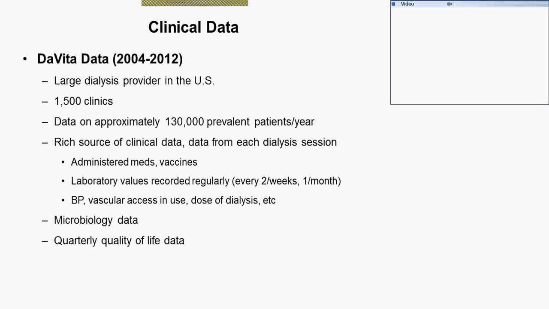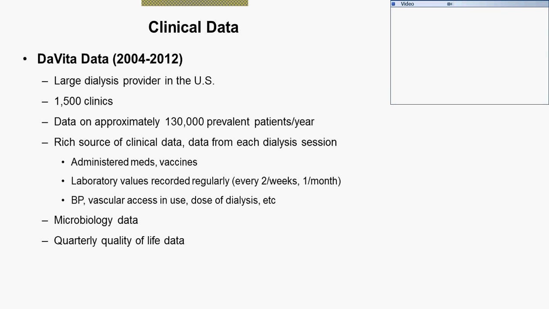The clinical data comes from DaVita, a large chain provider of dialysis in the U.S. They have about 1,500 clinics and manage about a third of the dialysis patients in the U.S. These patients are incredibly medicalized. They're in for dialysis several times a week, so we get data at every visit, and labs about every 2 weeks.